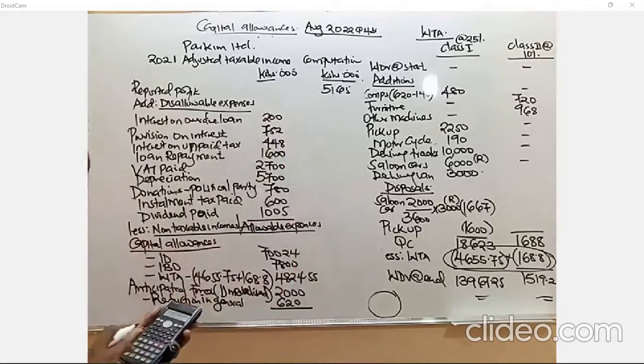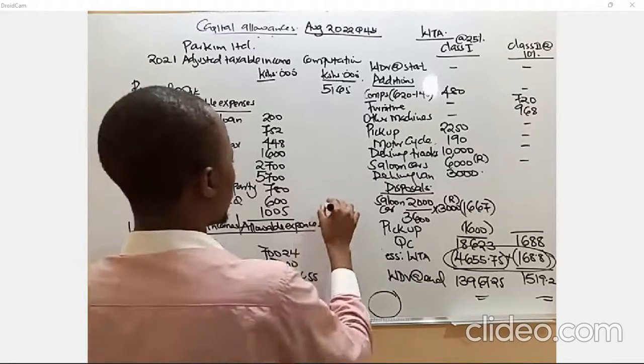So let me start by adding up there. 200 plus 752 plus 448 plus 1,600 plus 2,700 plus 5,700 plus 780 plus 600 plus 1,005, getting 13,785.